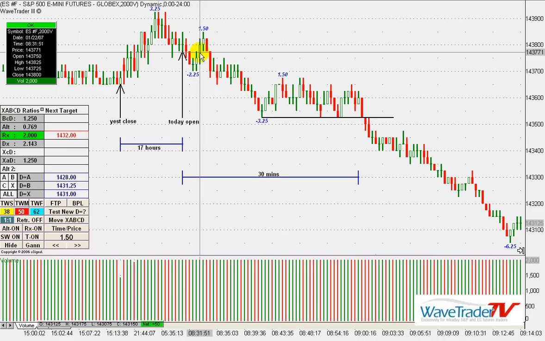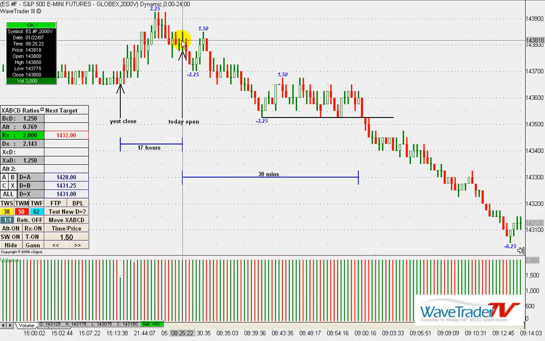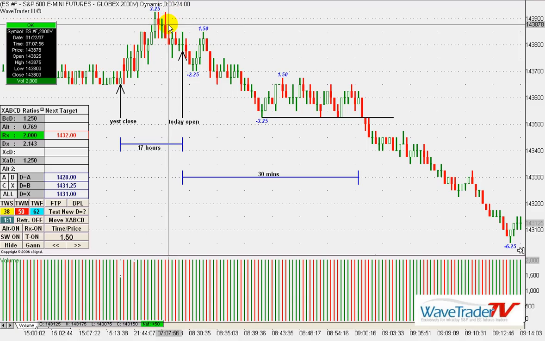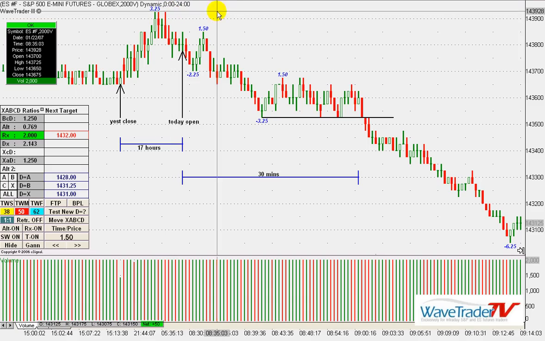The one thing that I just wanted to point out here is upon the open, it was definitely within a small risk tolerance to short the open with a stop above this high that was the 61.8 retracement that we saw before.